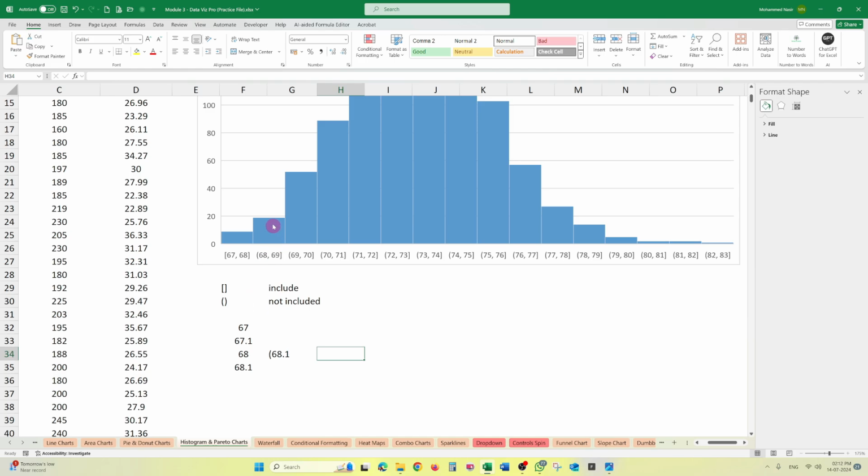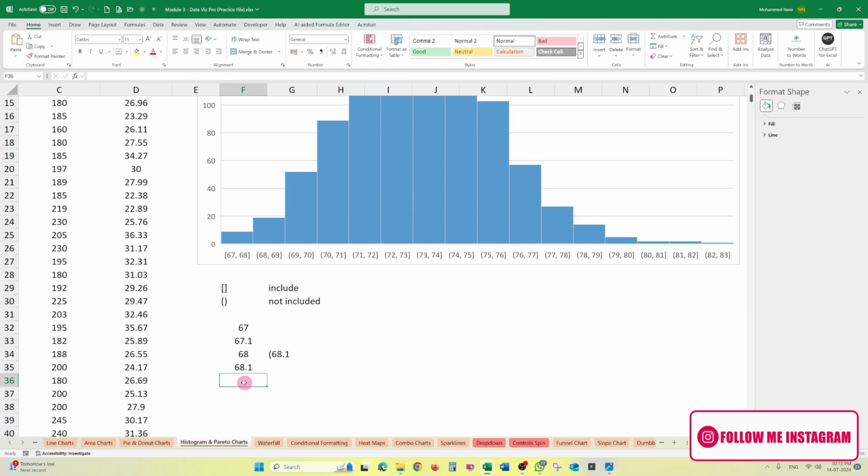So in this chart, the values from 68.1 up to 69 will be included, and like that here also 69 won't be included, but 69.1 will be included.